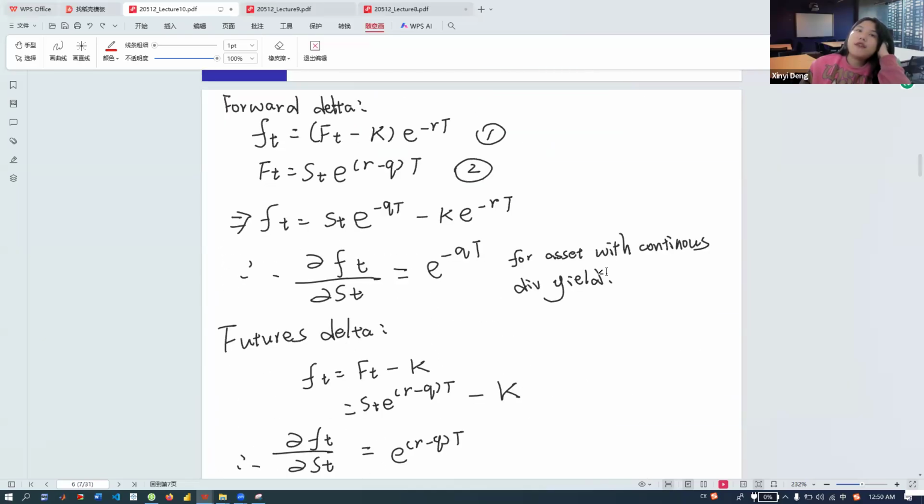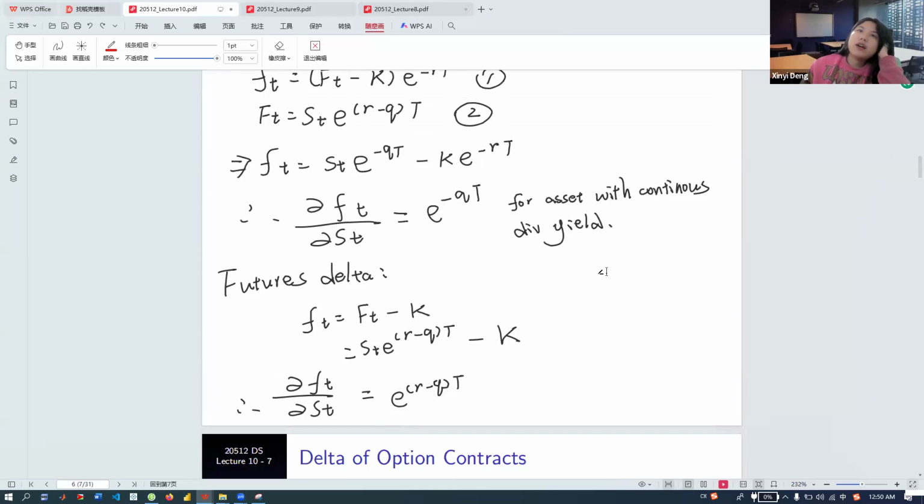Then for futures delta, recall that futures is characterized by continuously marking to market. Meaning that from day to day, you will be receiving some cash or paying out some cash on your account.